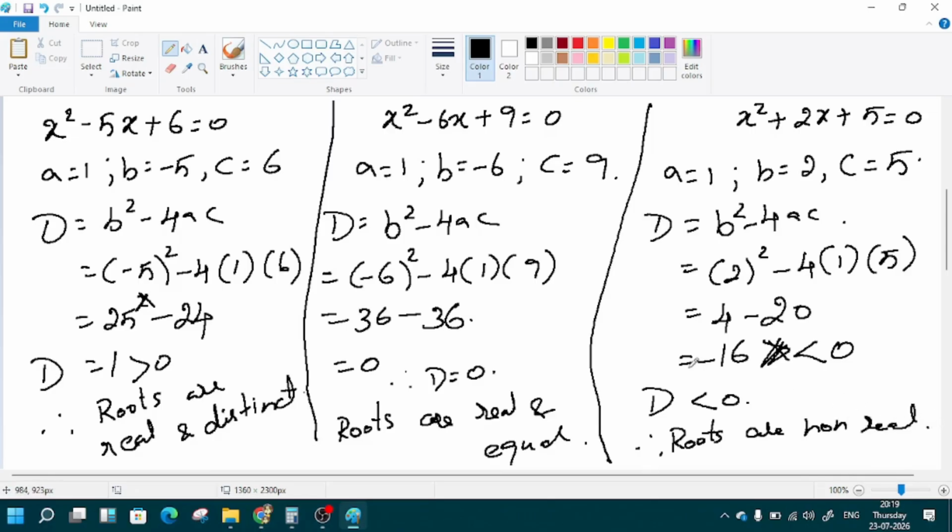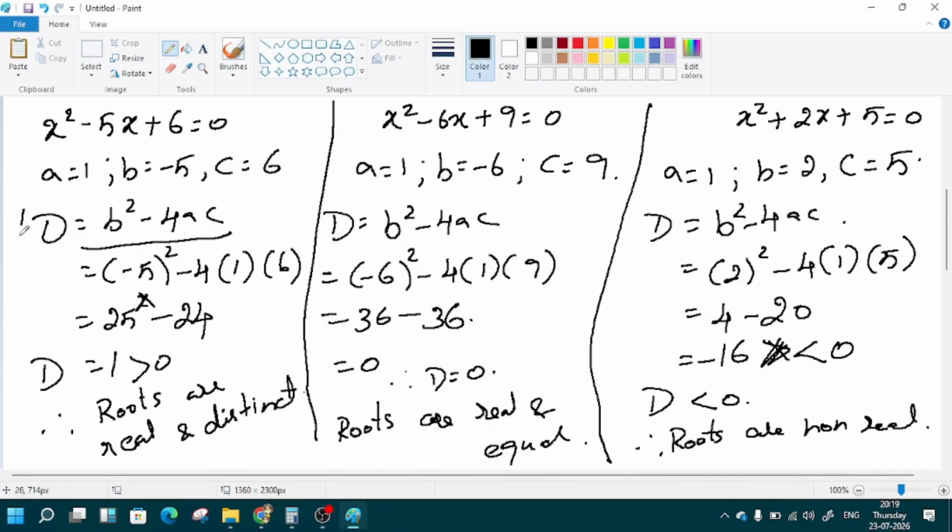Okay, so this is how the nature of roots works. Whenever you are asked to solve a quadratic equation, first find the discriminant value.